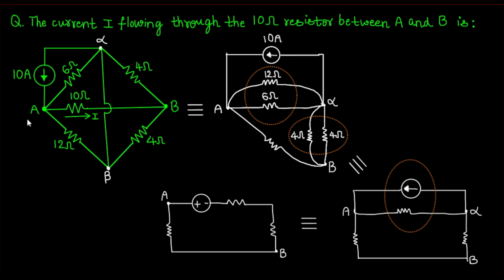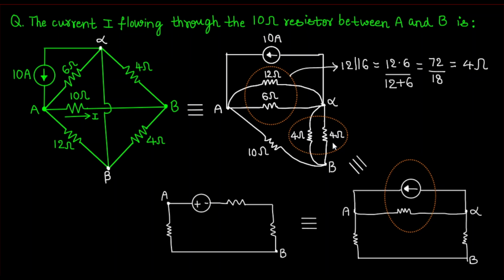Then we can see a direct connection between A and B here with a 10 ohm resistor. So let us connect A and B with a 10 ohm resistor. Now, using our parallel resistance formula, let us simplify this. Here, a 12 ohm resistance is in parallel with a 6 ohm resistance, which is 12 into 6 by 12 plus 6. 12 into 6 is 72, 12 plus 6 is 18, which is equal to 4 ohms.